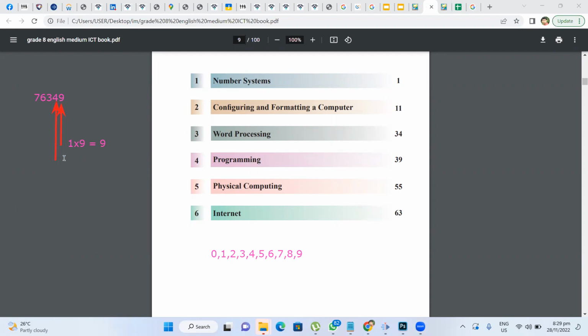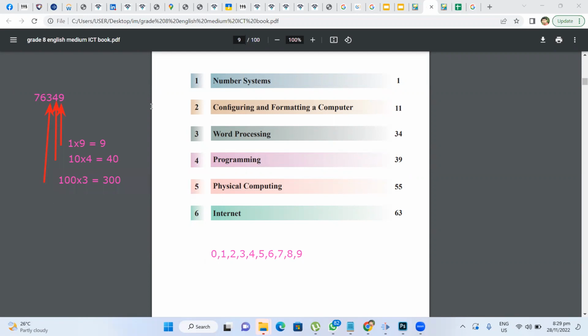We can say 10 into 4 is equal to 40. How many hundreds? 300. You can just see this one. So 100 into 3 is 300.